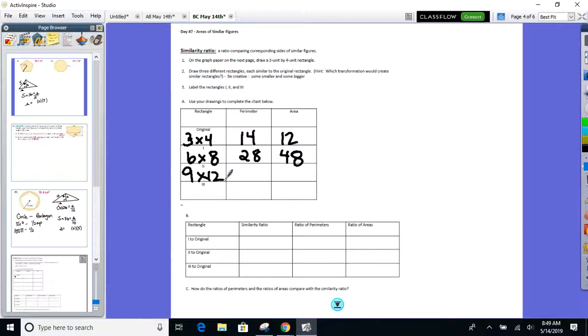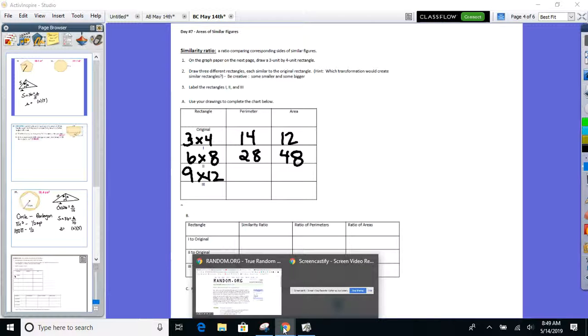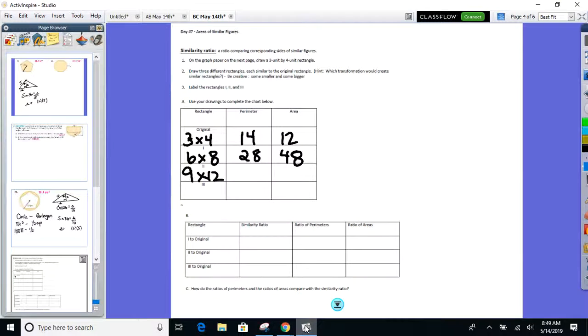It's all right, Ella, it's fine. Thought you were gonna go crazy. 9x12 rectangle, perimeter and area. When you're ready, perimeter.